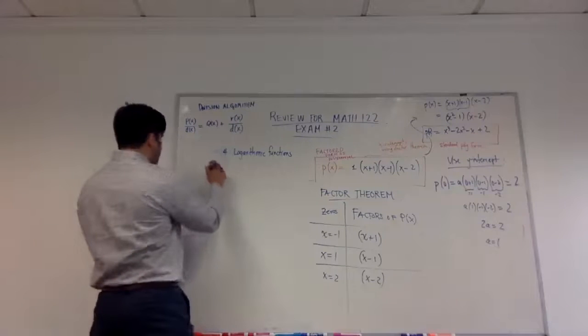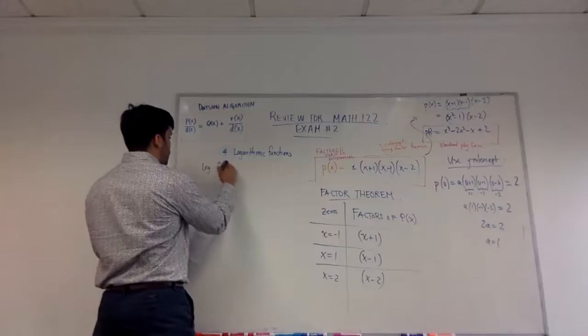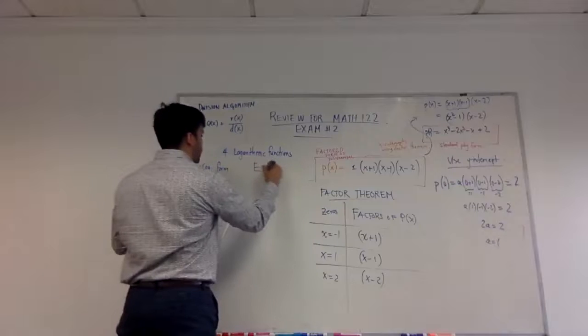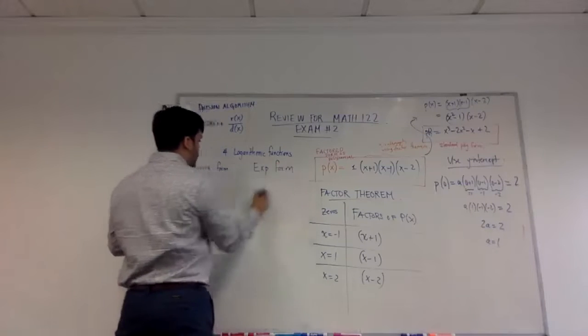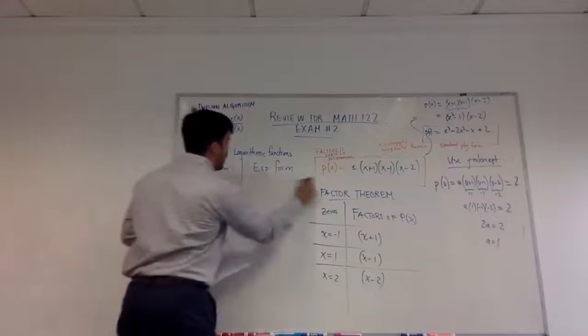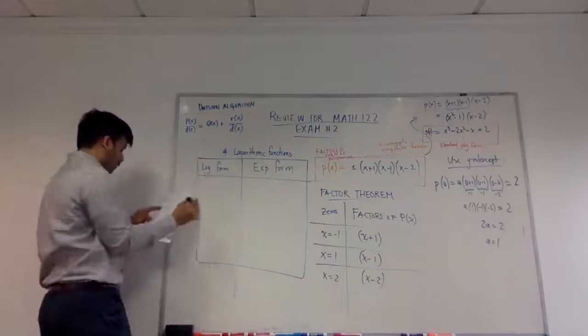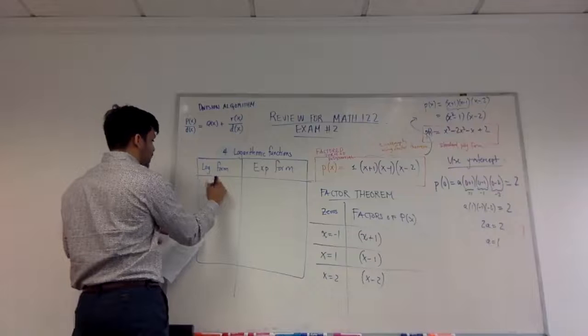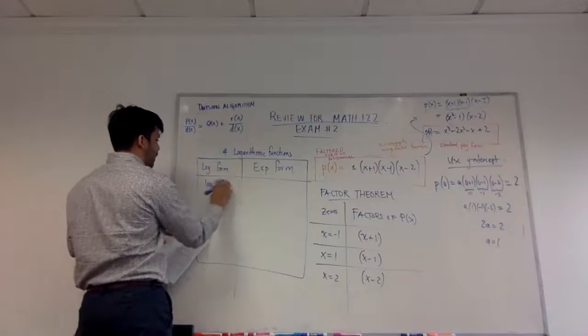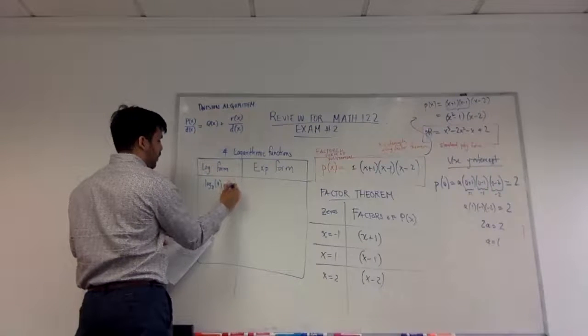So we have a little table here. We have the log form of it, and we have the exponential form. So we have to be extremely comfortable with going from one form to the other. So the first guy is log base 8 of 4 equals 2/3.